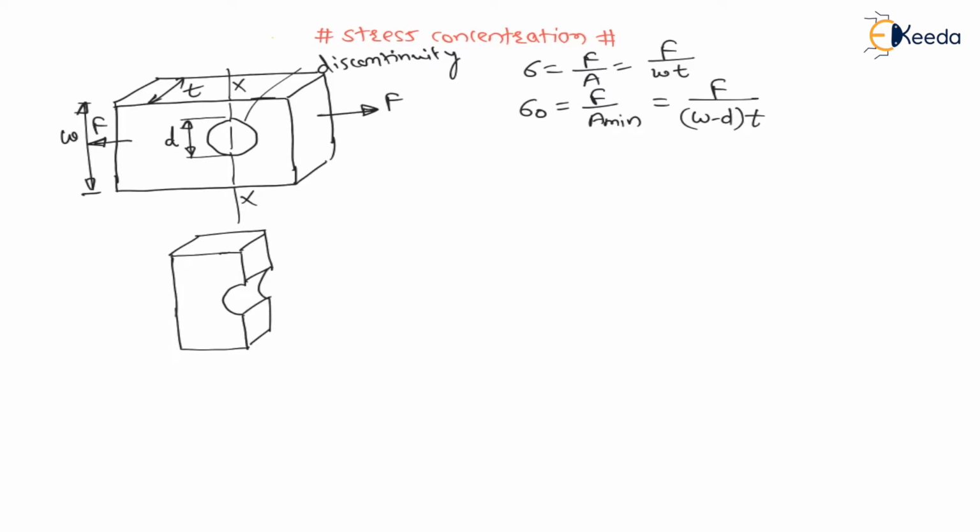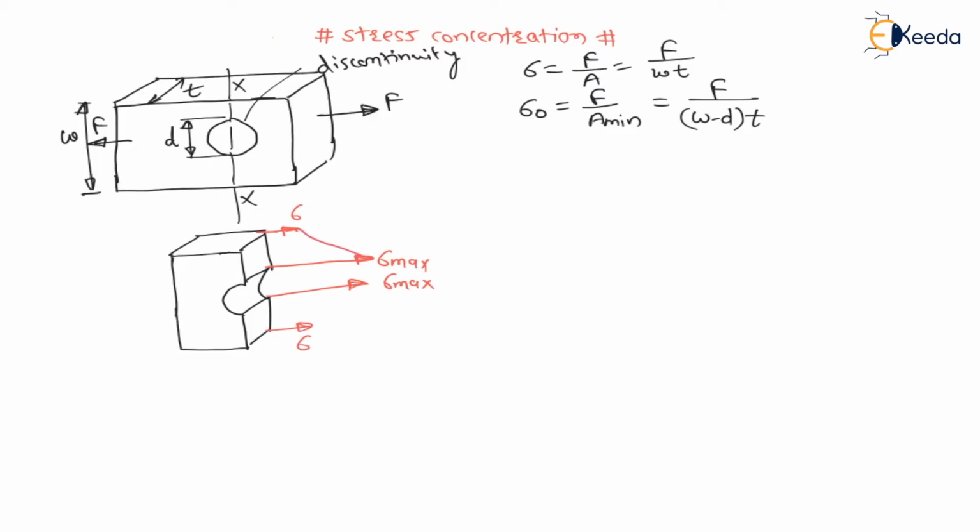Stress concentration is the localization of high stresses near a discontinuity. Near the discontinuity the stress will be maximum, and as we go away from the discontinuity the stress value goes on decreasing.